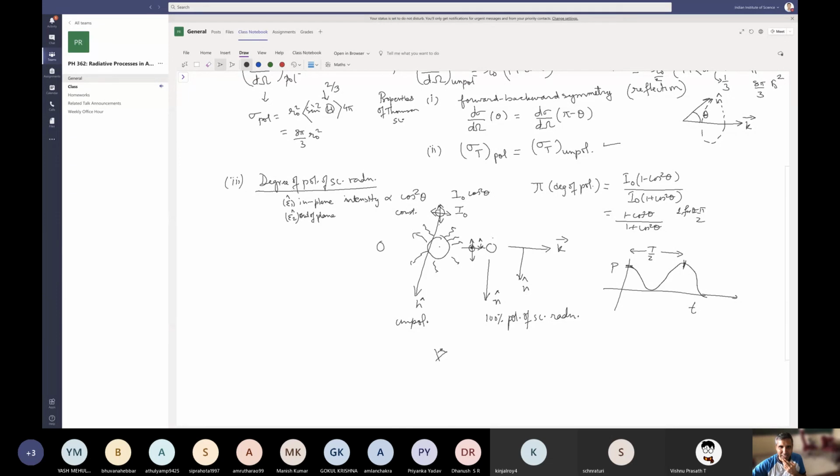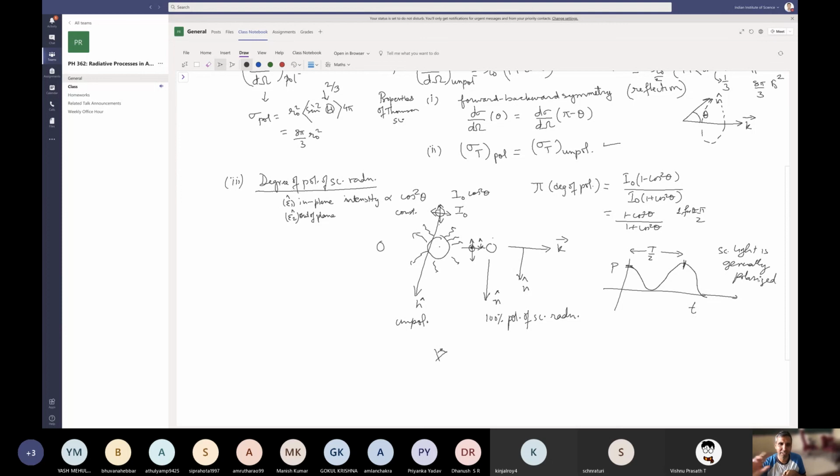We talked about Thomson scattering, but this is generally true: if you have scattering, even though the radiation exciting it is unpolarized, the scattered light is polarized. So scattered light is generally polarized.